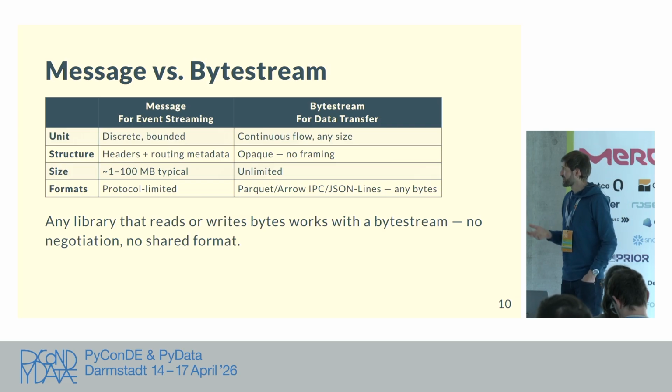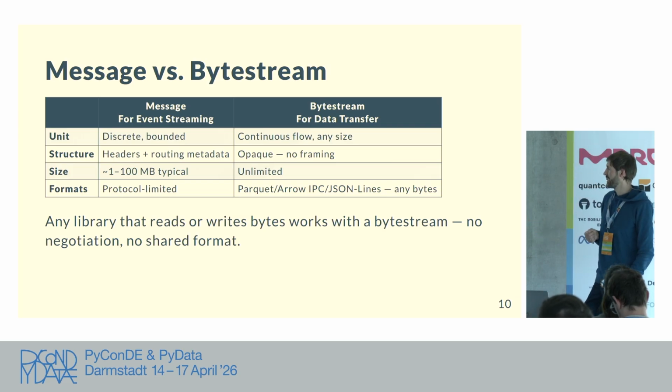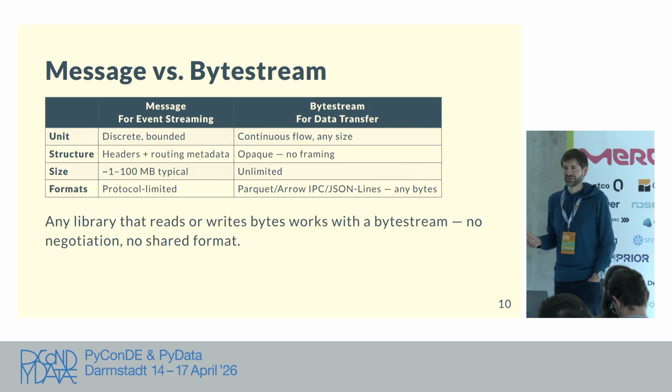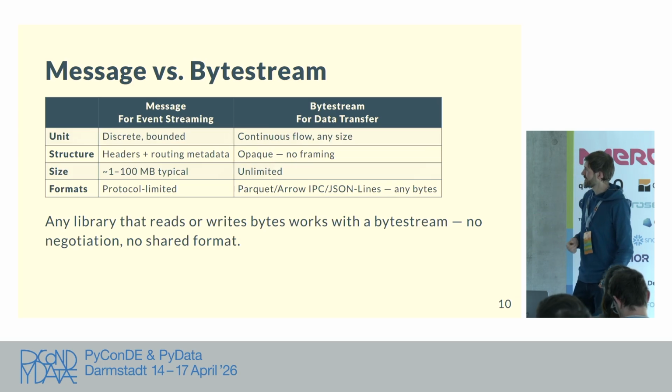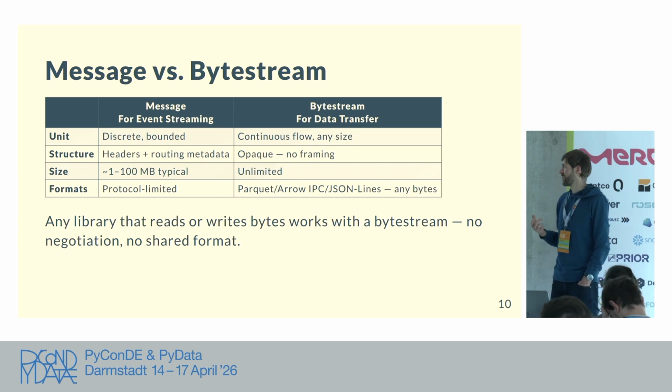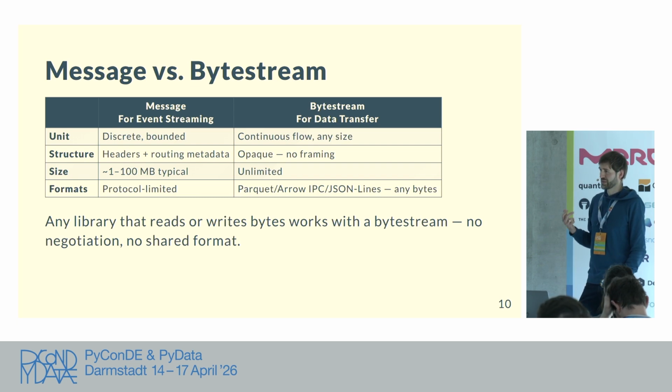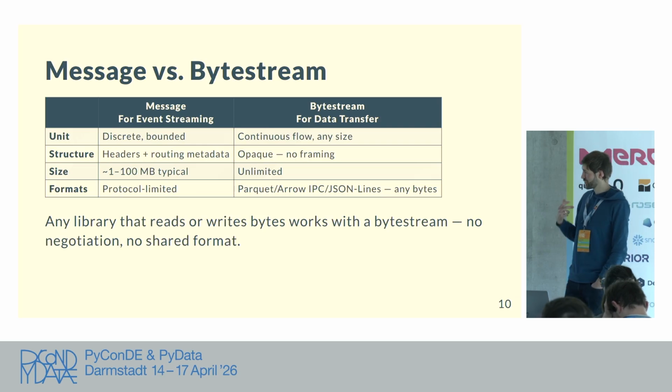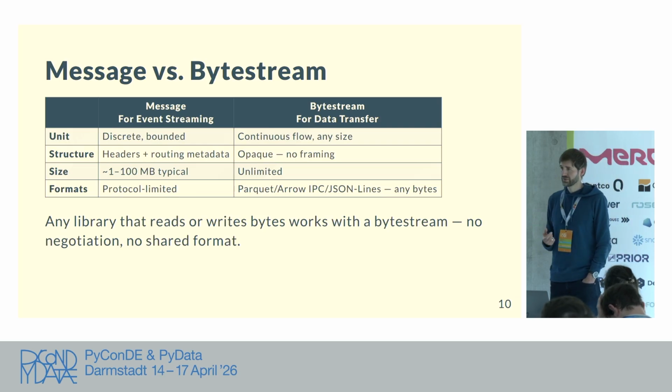So what's the actual difference between a byte stream and a message? Messages are basically streams of batches. And each batch is size restricted, discrete, bounded. It adds a little bit of routing information, because these message brokers are made for multiple producers, multiple consumers. So it's a different use case.